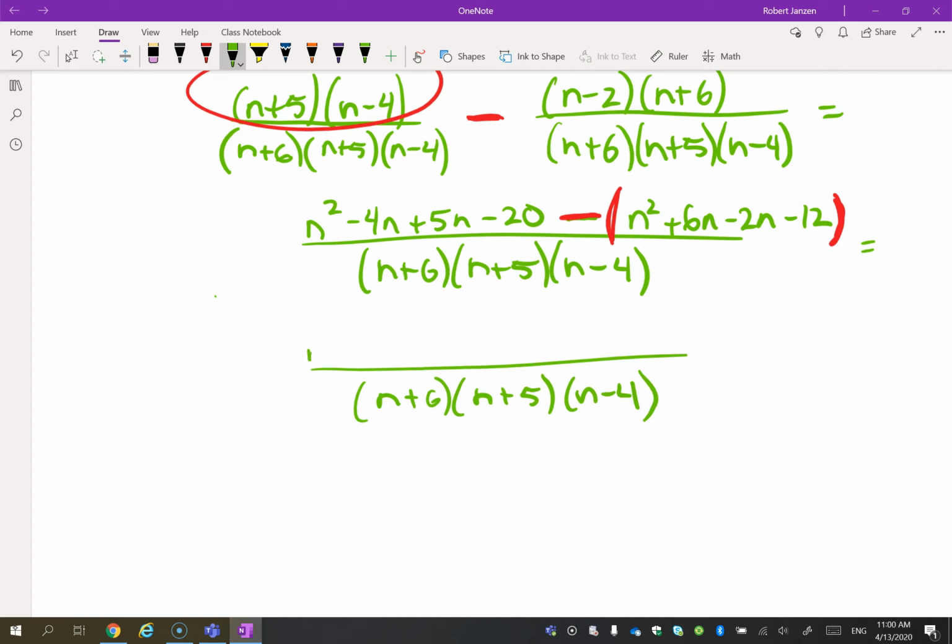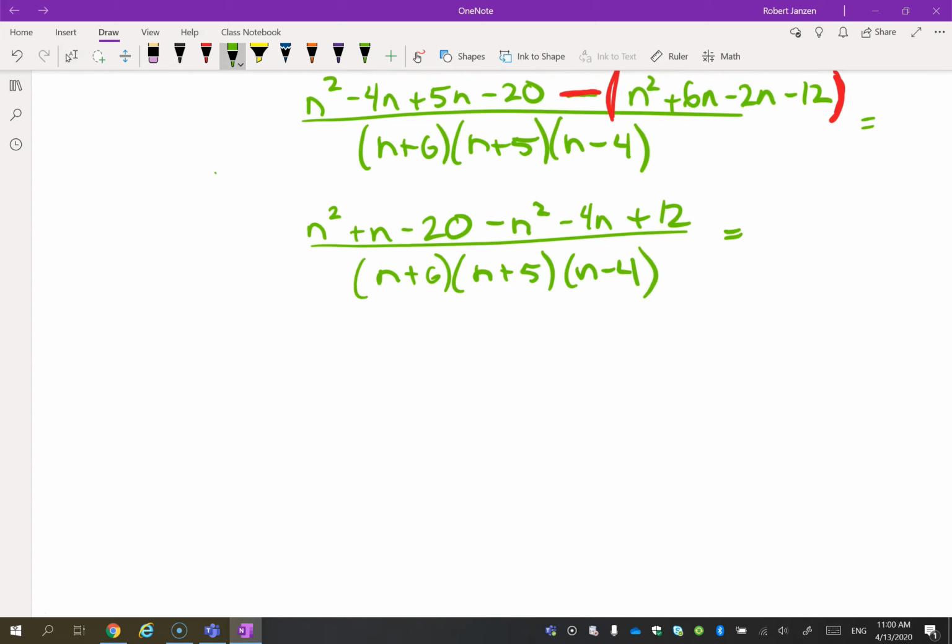And I'm going to just rewrite the numerator: n squared plus n minus 20, and then minus n squared, minus 4n, because it's 6n minus 2n, this would be 4n, but I'm going to subtract it, and then plus 12.